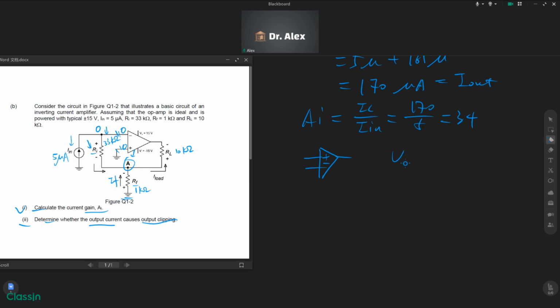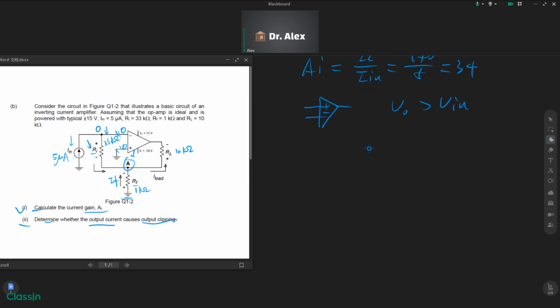Amplify means the output voltage can be greater or much greater than the input voltage. So if we draw this picture, we can get this thing, which is V in, V out, 0. So it should be like this.